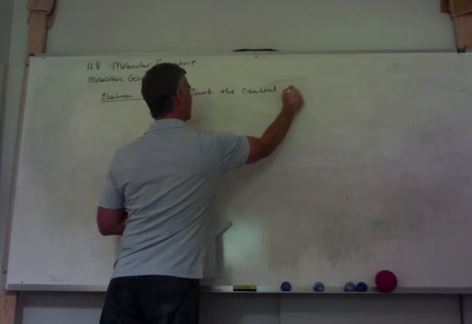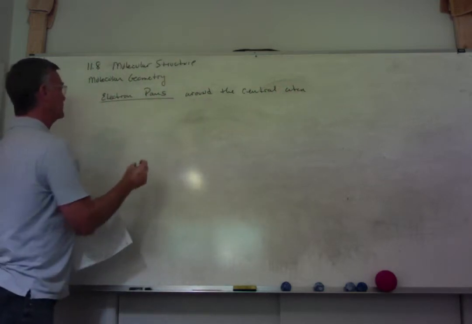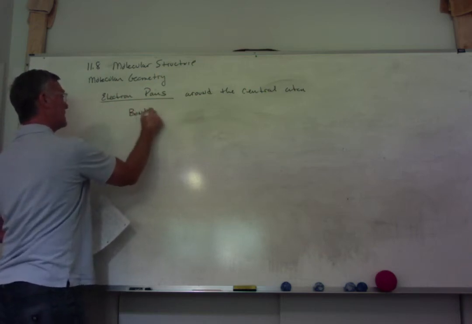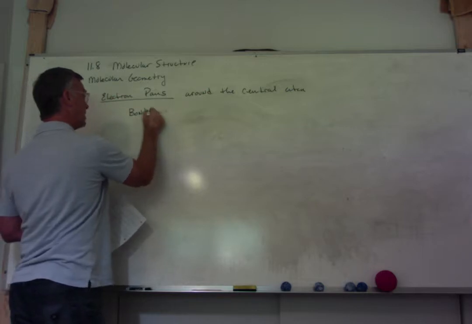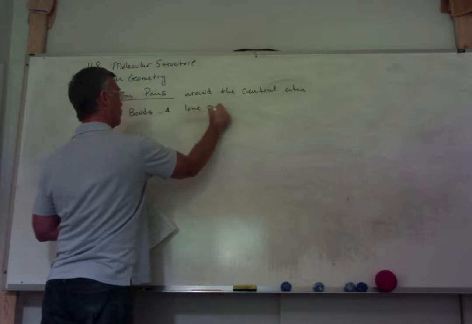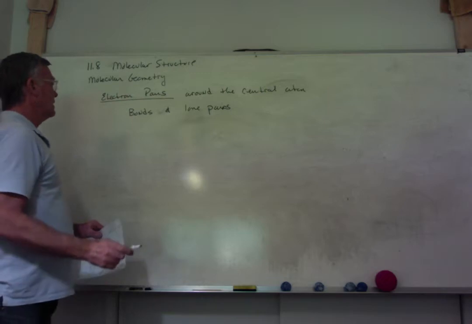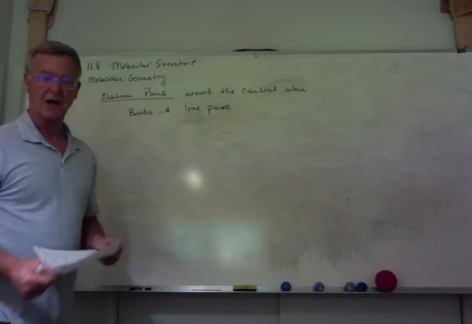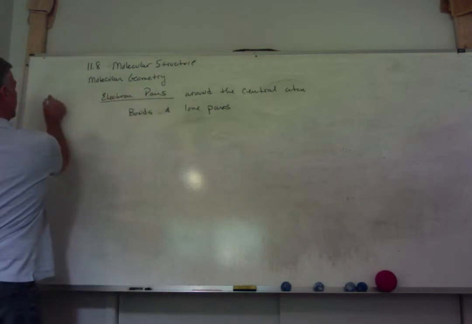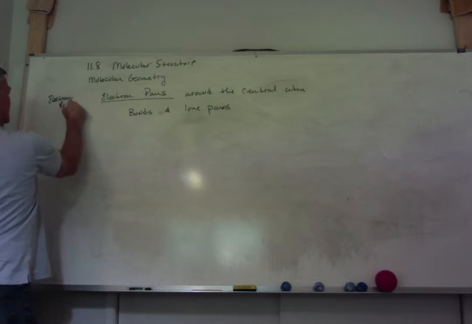So this actually can be somewhat confusing, but electron pairs consist of the bonds and the lone pairs, or the unshared pairs of electrons. So you might say, okay, well that makes sense, but actually I don't really like electron pairs. I like the phrase electron regions.